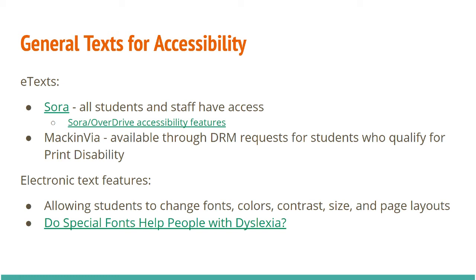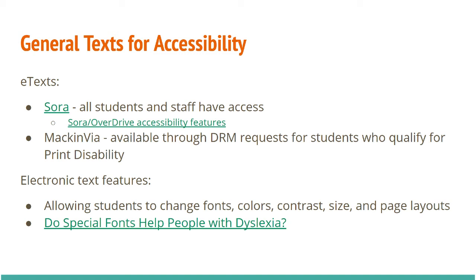One of the things that's nice about Sora, if you currently have text, let's say you have a class set of novels that you're reading in class, and you have a student who has a need for an accessibility tool like a screen reader, then if the student has that ebook on their iPad, they can use those accessibility features on their iPad to read that text.